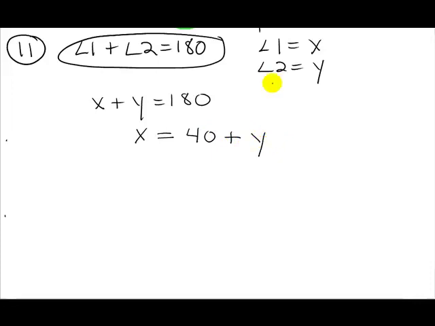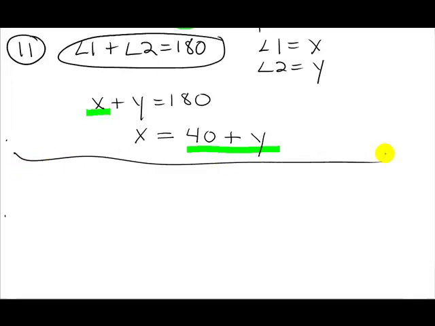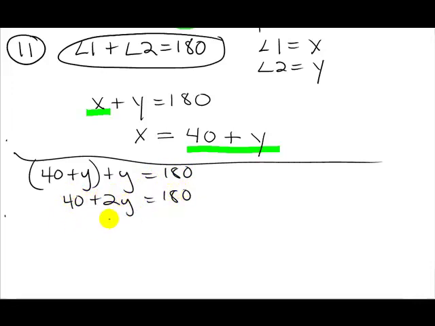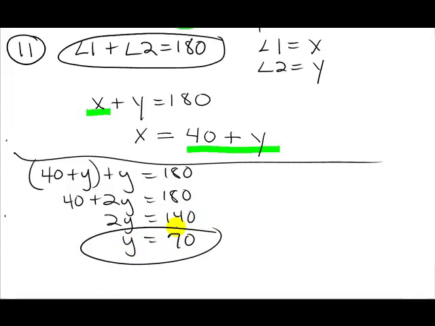And again, set up perfectly for substitution. We'll use that as our substitute there. So we're going to have 40 plus y, that's my x, plus y equals 180. So 40 plus 2y, 2y equals 140, divide by 2, and my second angle is 70.